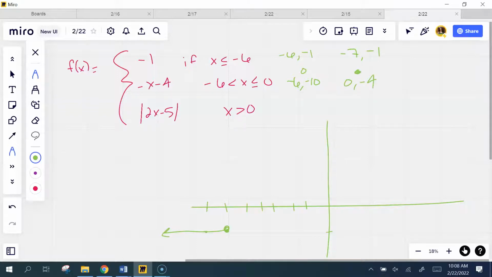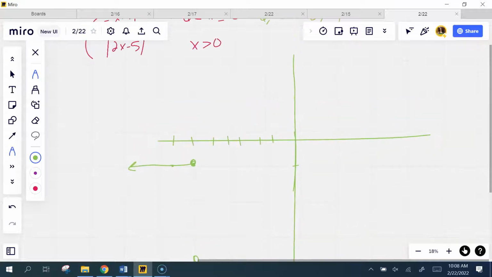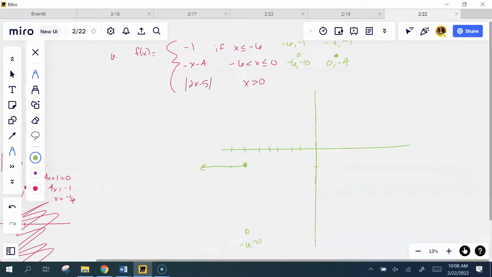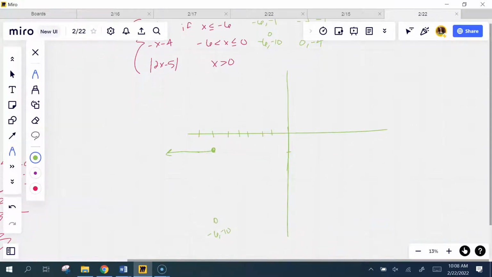This one's going to be a closed dot because of these signs here. So we'll call this negative 6, negative 10. And then up to 0, negative 4. Closed.